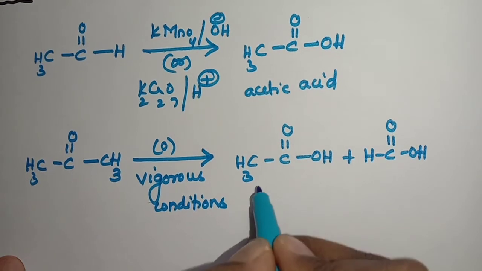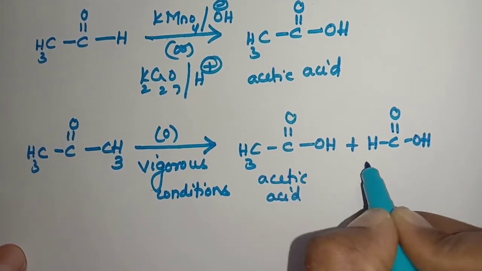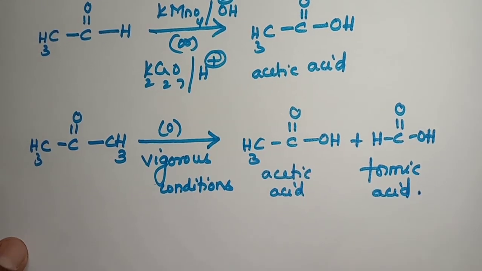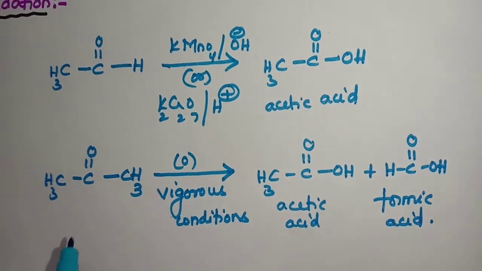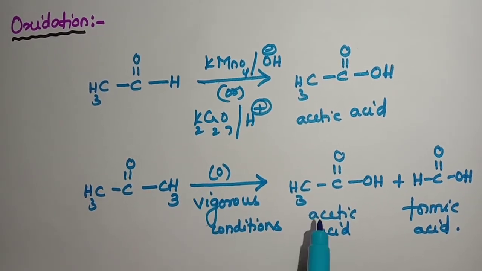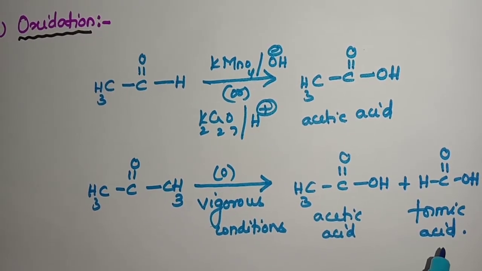Okay, so one is acetic acid and the other one is formic acid. Okay, so depending upon the number of carbon atoms present in the ketones, it undergoes oxidation forming carboxylic acids having less number of carbon atoms.